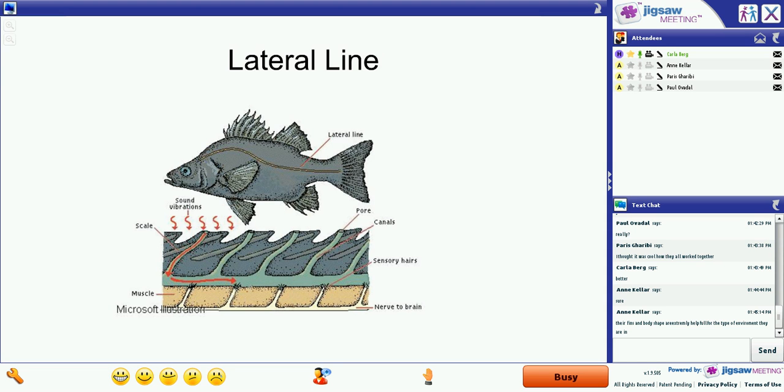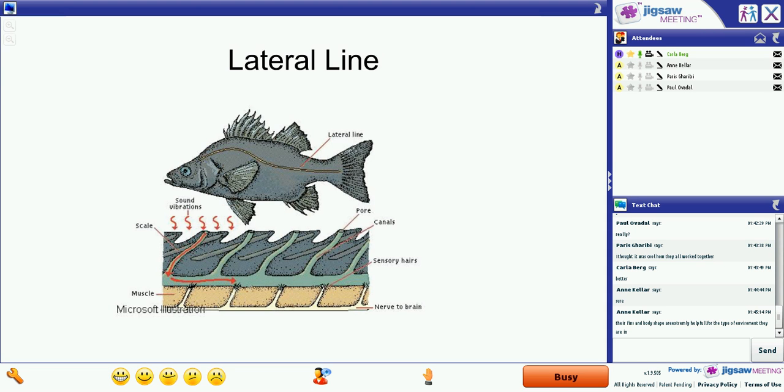You have the fish muscles with their nerve endings and sensory hairs inside. Then you have the darker blue of the scales of the fish. Going from front to back, they kind of overlap each other a little. Coming down through the scales are these pores or canals.